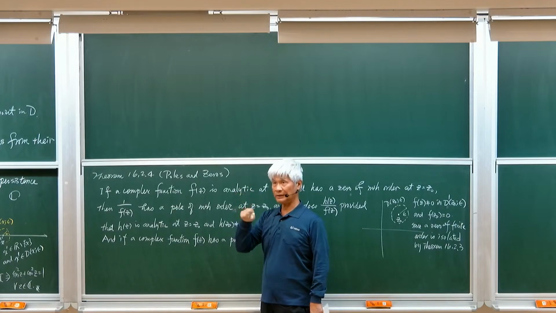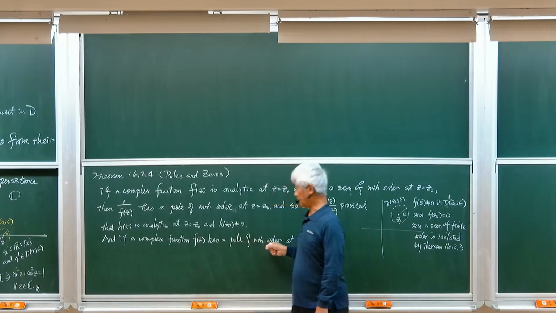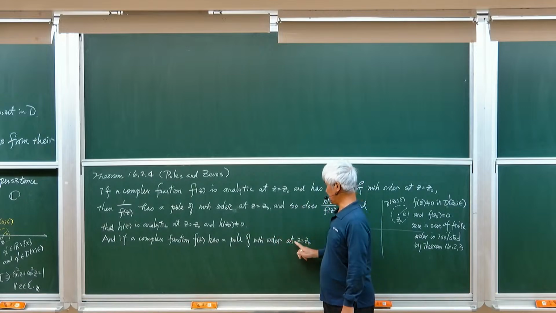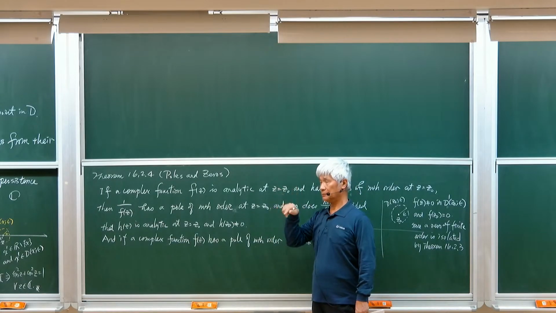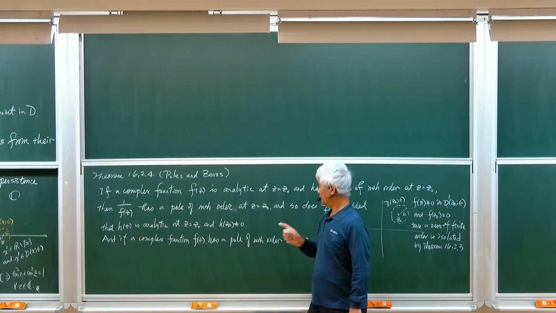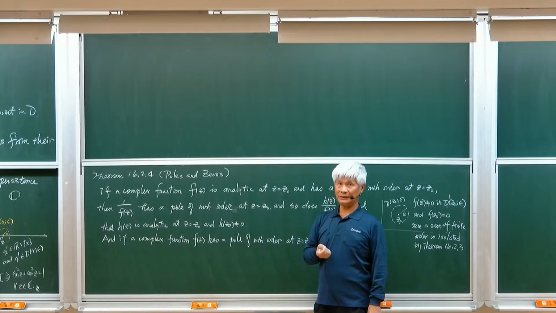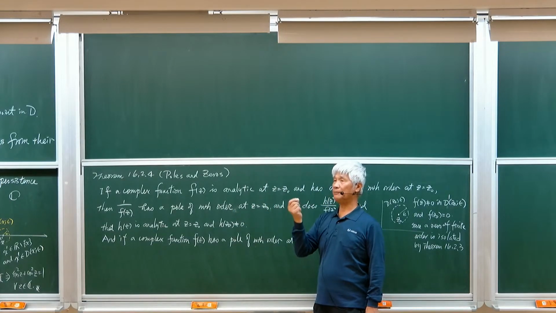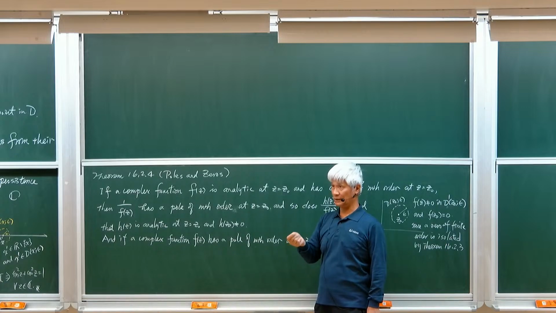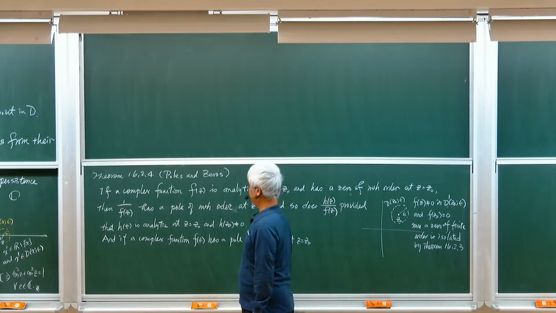So that isolated singularity means that except this point, in the neighborhood of these singularities, no other point is singular. Every point is isolated, because we define pole from isolated singularity.